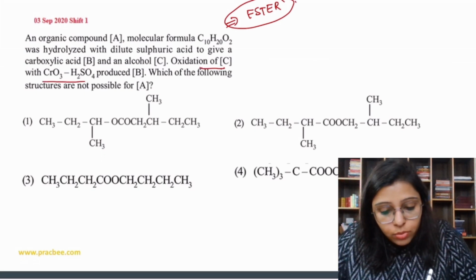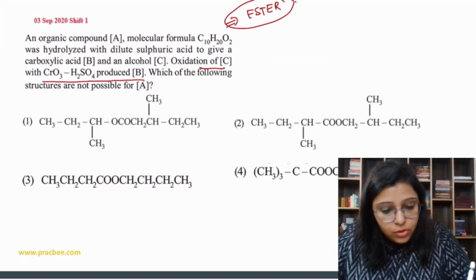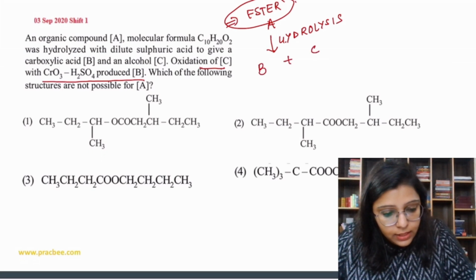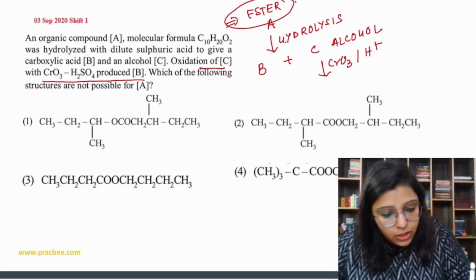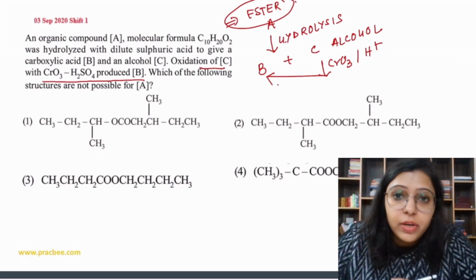Oxidation of C with CrO3 and H2SO4 produced B. So A is an ester, and the ester on hydrolysis gives B and C. C is an alcohol, and this alcohol in the presence of CrO3 and H+ produced B. Which of the following structures are not possible for A?